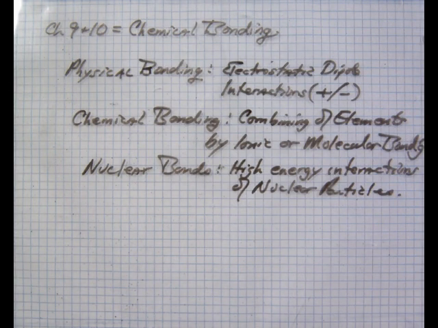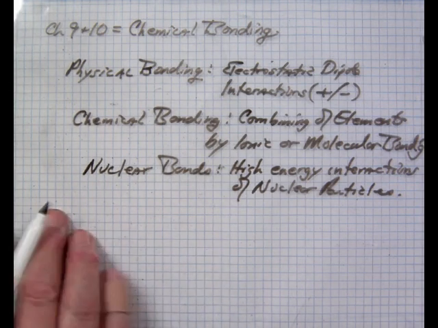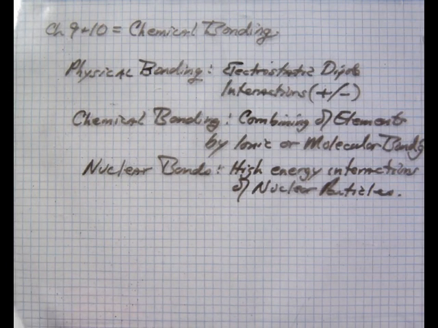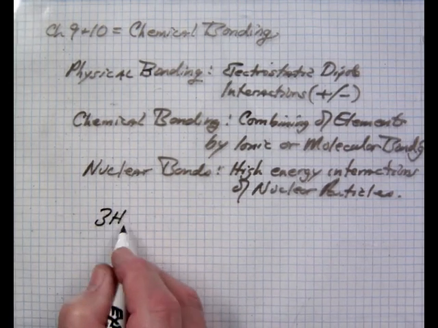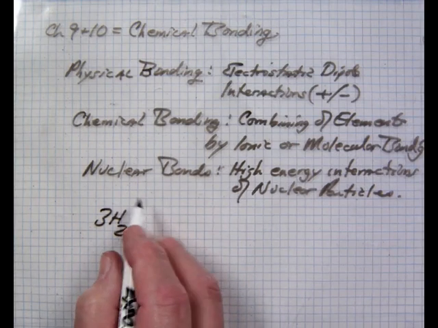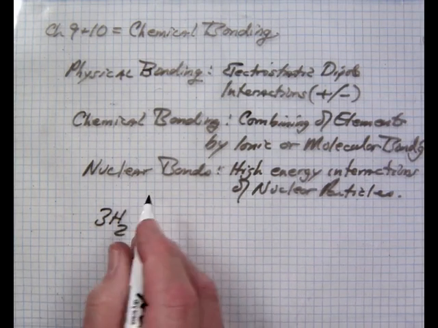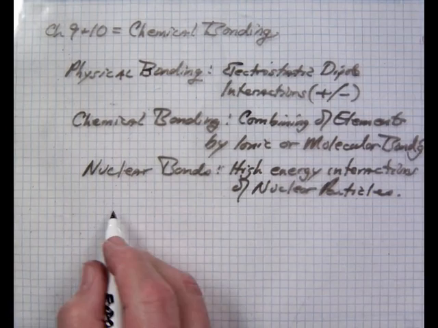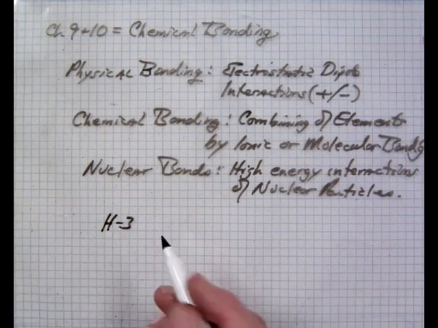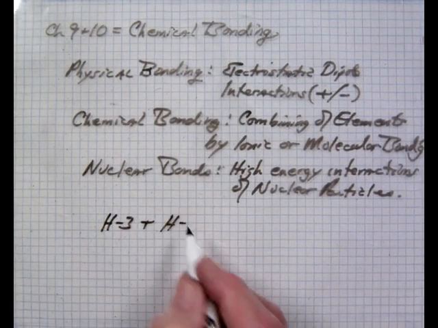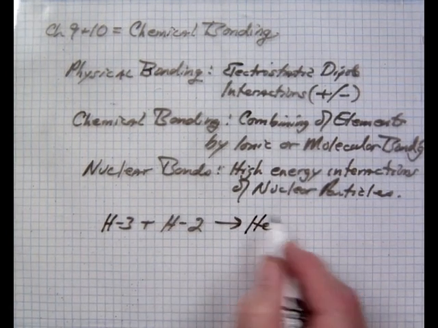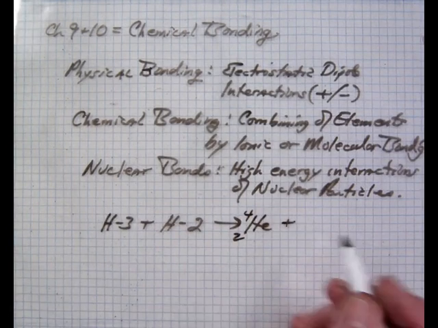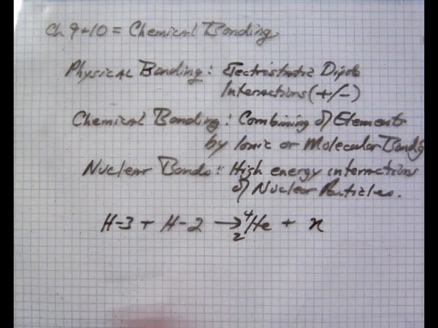Just in passing, you might be interested in, let's see if I can remember how it works, 3 hydrogens, that's not, let me do it a different way. Hydrogen 3 plus hydrogen 2 goes to helium 4-2 plus a neutron, like that.